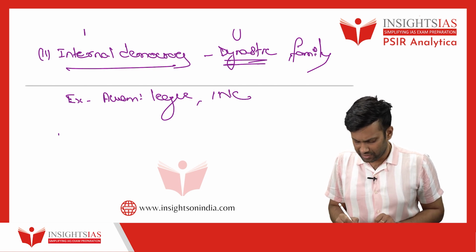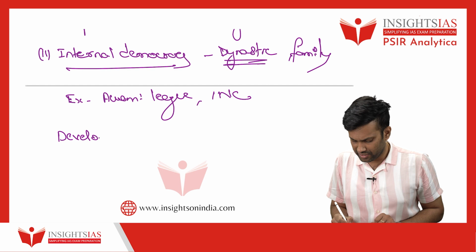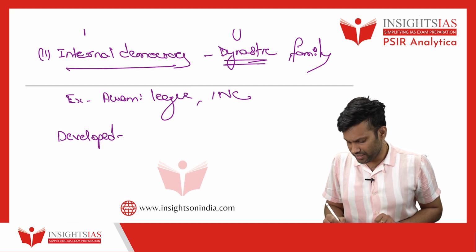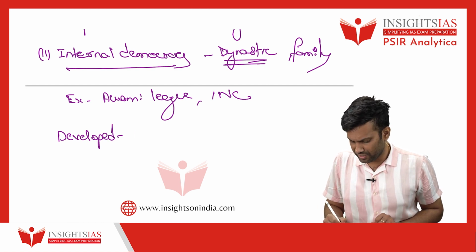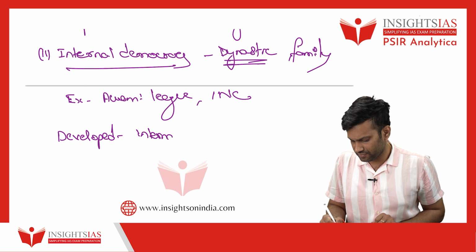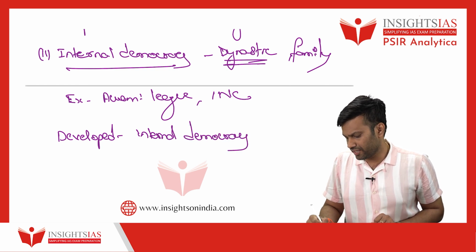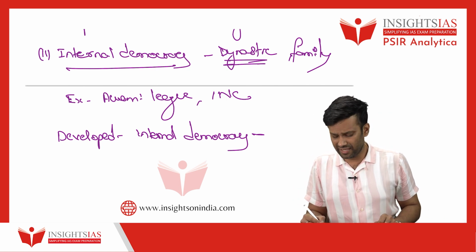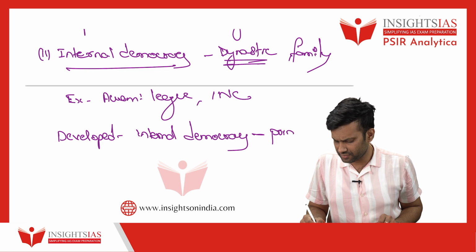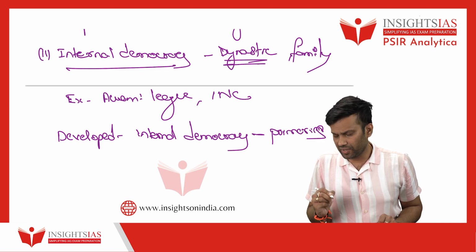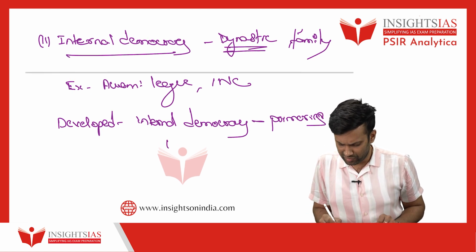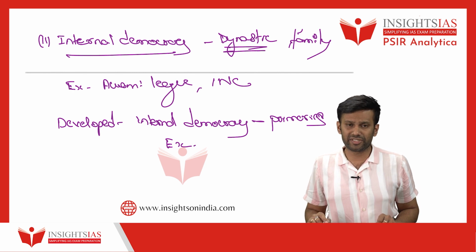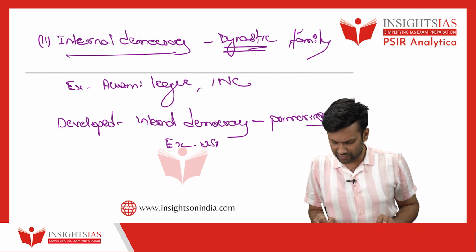But in developed countries, political parties have internal democracy. Internal democracy in the sense you can say that they conduct primaries to elect the party candidates. Example, you can give the Republicans and Democrats in the United States of America.